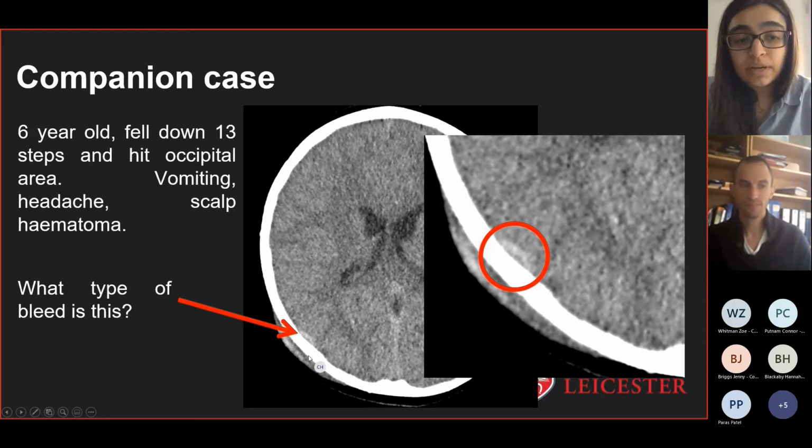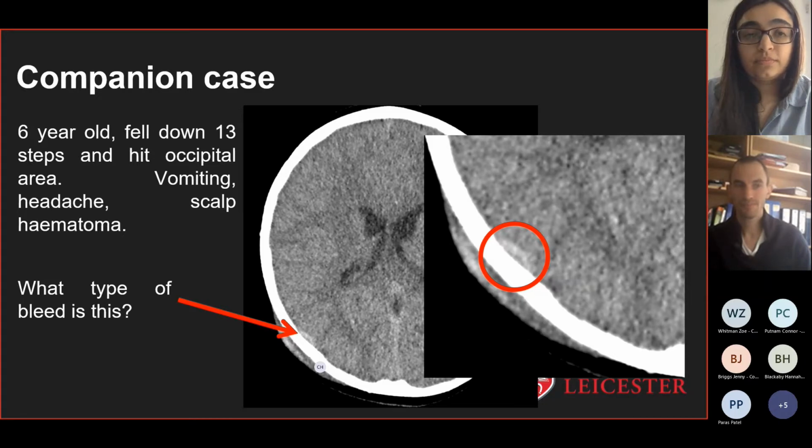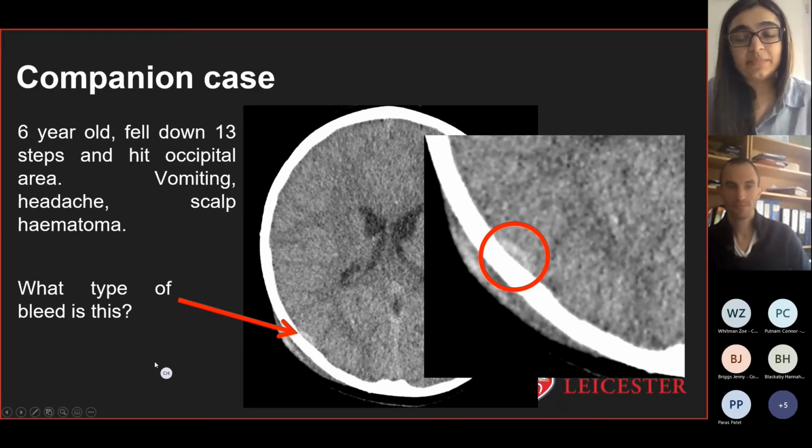The subarachnoid, what layer would you expect to have a subarachnoid hemorrhage in? Sorry, I think I might have missed that. What layer would you expect to have your subarachnoid hemorrhage in?